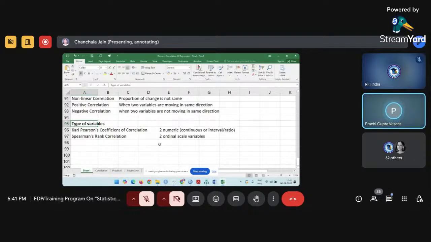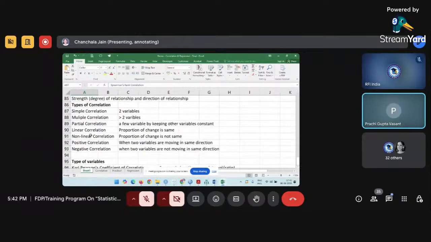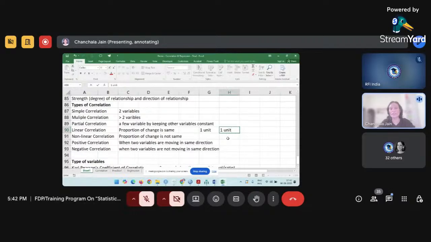Madam, please explain linear and non-linear correlation. Say, for example, if you are changing one variable by 1 unit, the other variable will also change by 1 unit. Direction doesn't matter here. Only the proportion of change should be the same. That is linear. Price, if you are increasing by 1 unit, demand is also increasing by 1 unit or decreasing by 1 unit. It is linear.